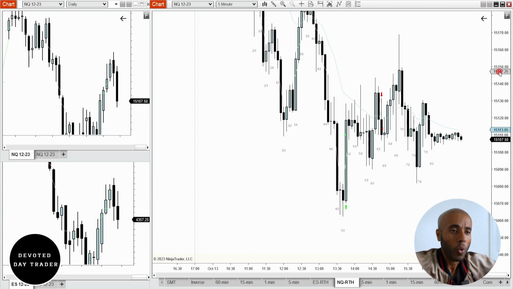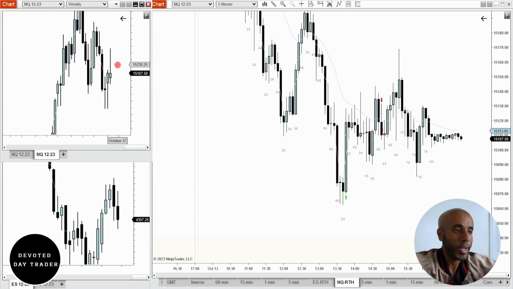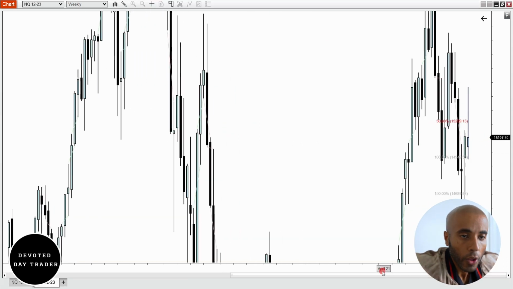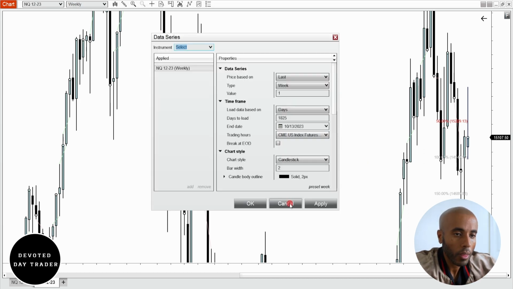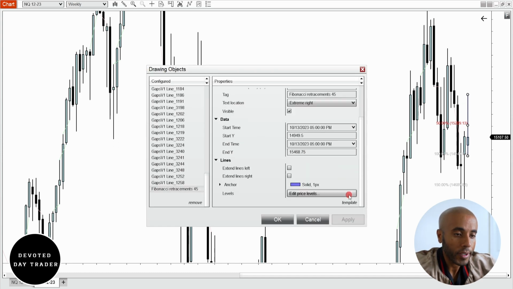For one, on NQ, if we look at the daily chart, usually on Fridays the market closes, it retraces by about 20 to 30%. Let me apply this closing retracement.